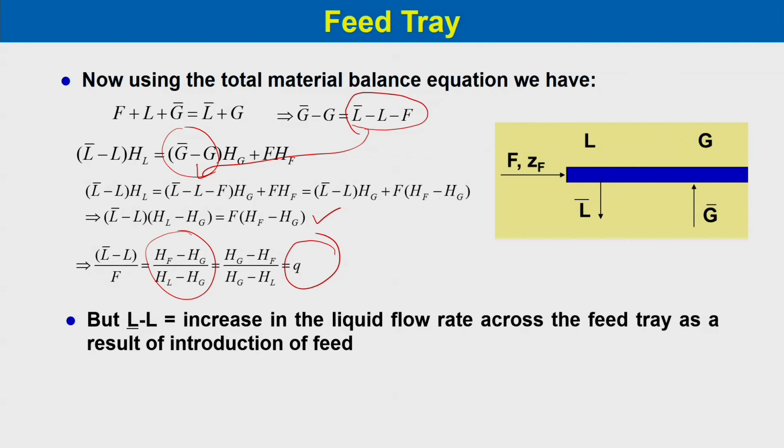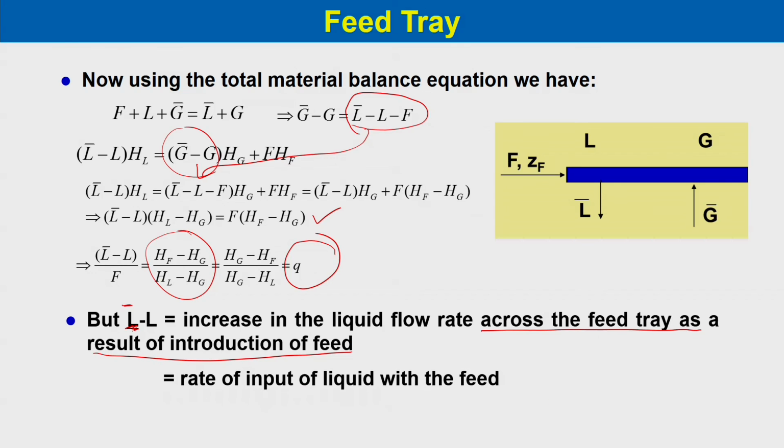We can see that L bar minus L is equal to the increase in the liquid flow rate across the feed tray as a result of introduction of feed. So, this is why we can write it as the rate of input of the liquid with the feed.